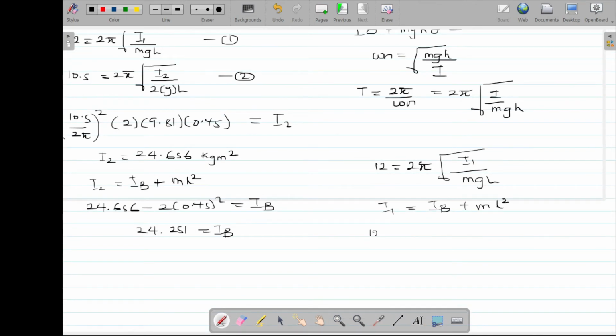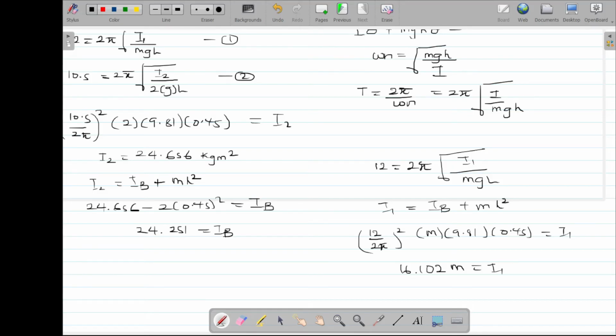So we have 12 on 2 pi all squared multiplying m times 9.81 times 0.45 equals I1. So we have 16.102 m to be equal to I1.